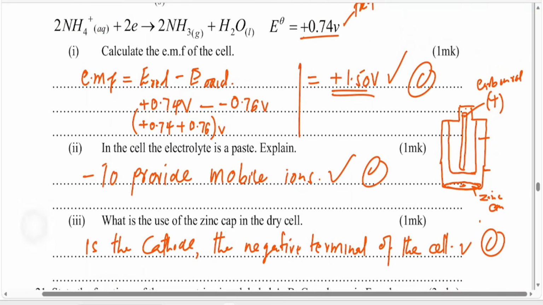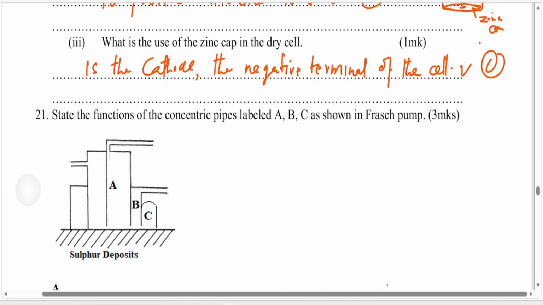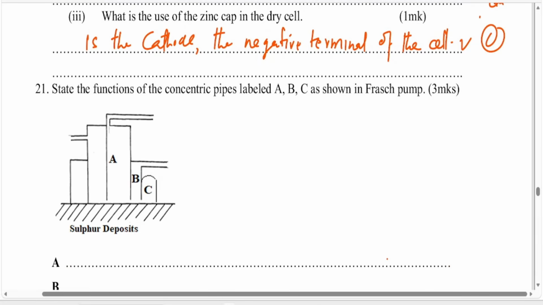Let's now move to question number 21. State the functions of the concentric pipes labeled A, B, and C as shown in the diagram. So this is a setup that is used during the extraction of sulfur from its deposits. And as we know, this process is done by use of 3 concentric pipes.